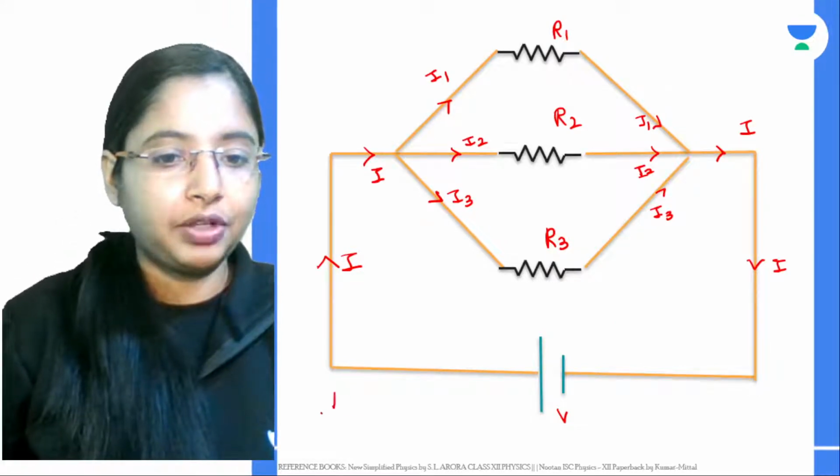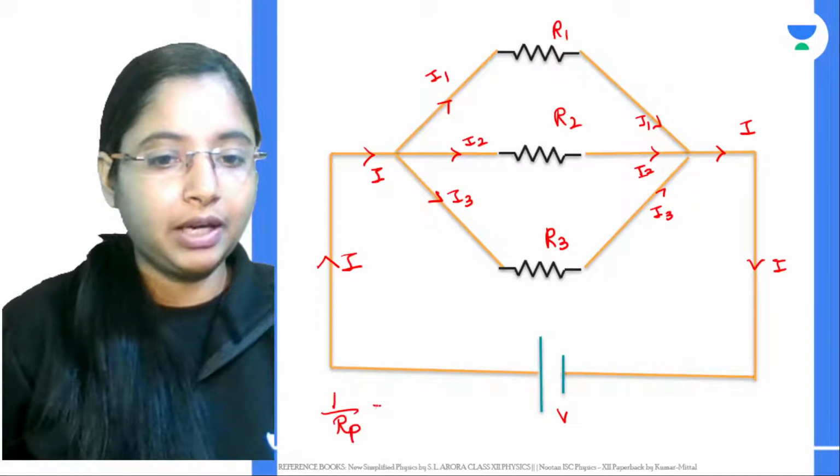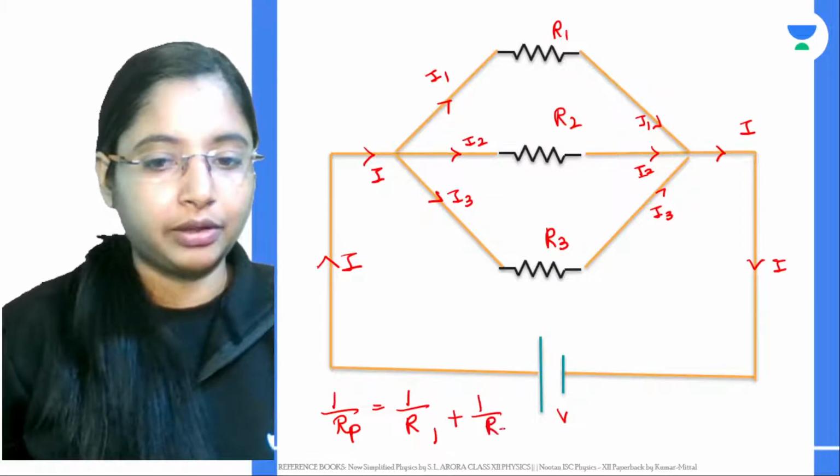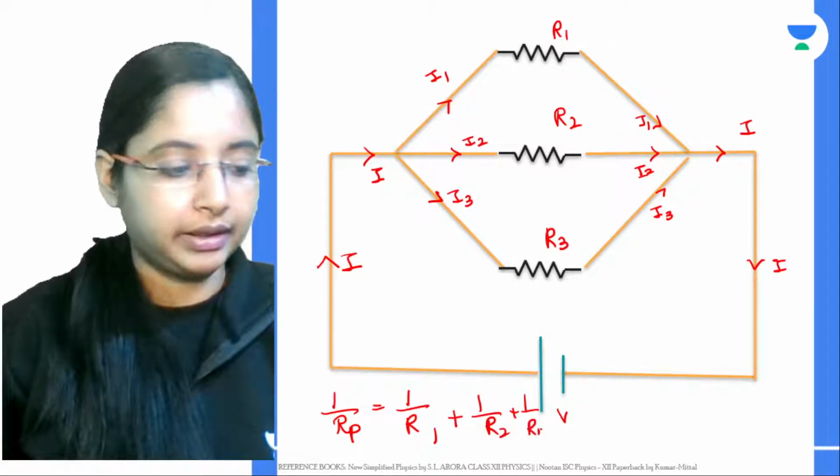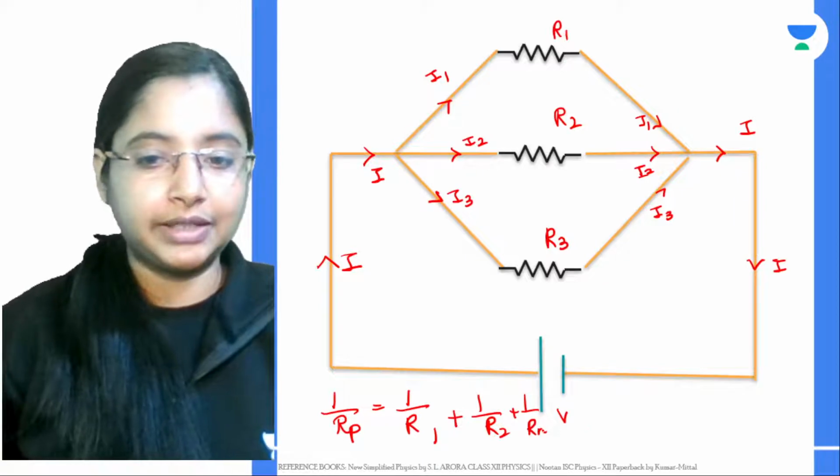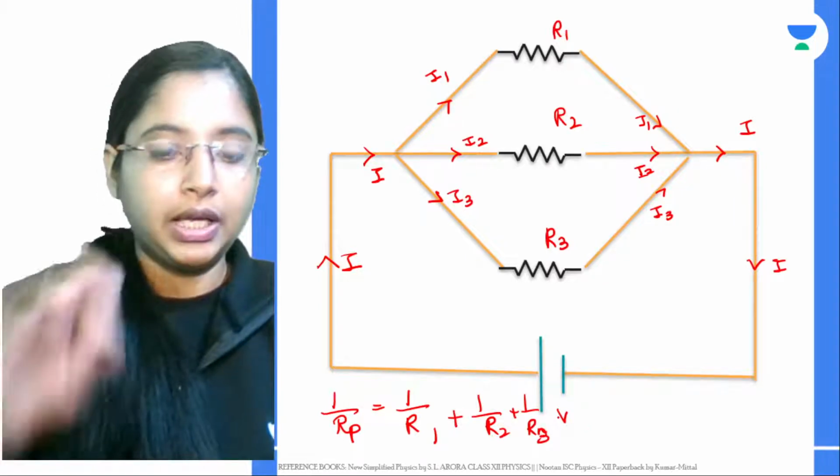For the parallel combination, if you're taking the resistance value, it will be 1 by R1 plus 1 by R2 plus 1 by R3.